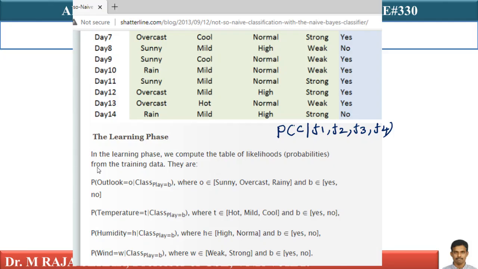I must calculate the probability of C given feature 1, feature 2, feature 3, feature 4.